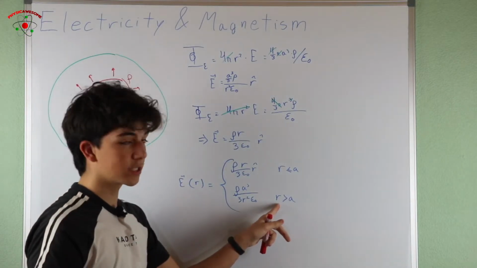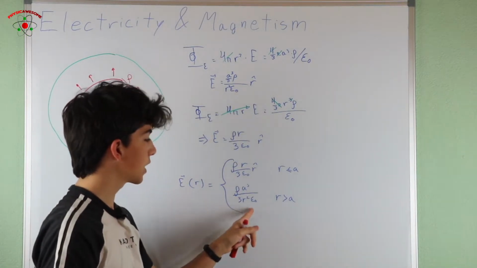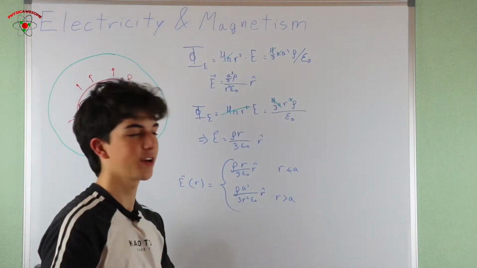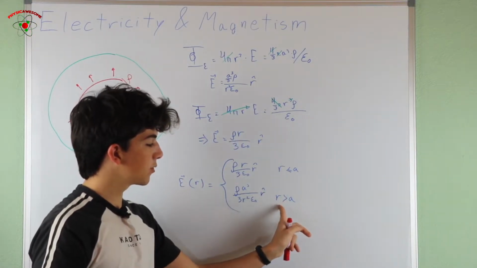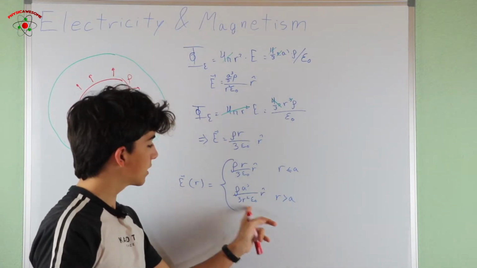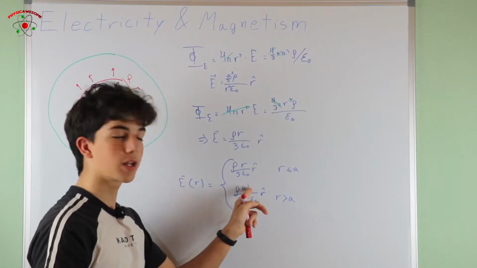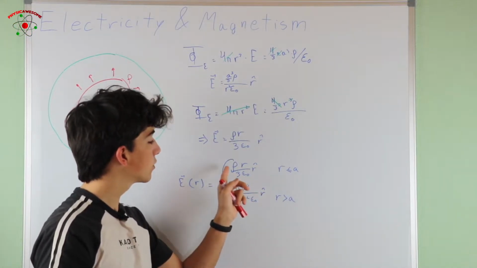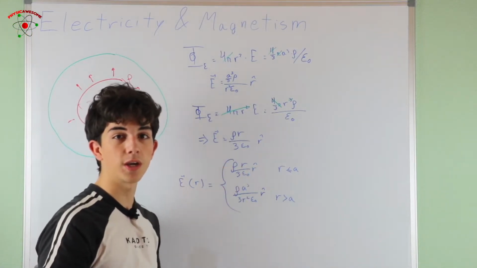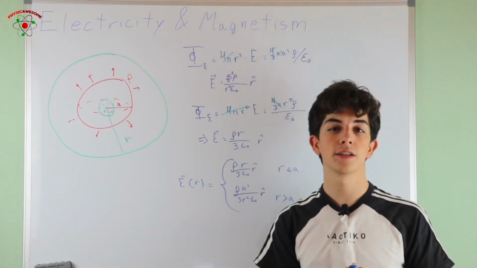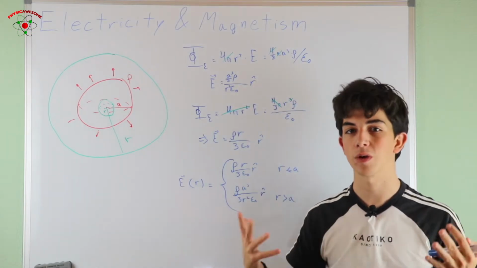We see that if we substitute r equals a in both of them, and the r hat vector, I keep forgetting them, we'll get the exact same expression for both of them, as this a squared will cancel with that a cubed, and we'll get rho a over 3 epsilon naught. And that is the electric field that a sphere creates.